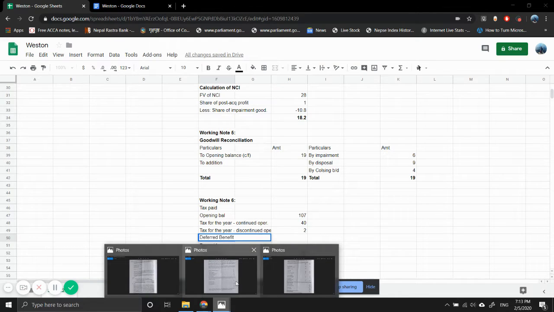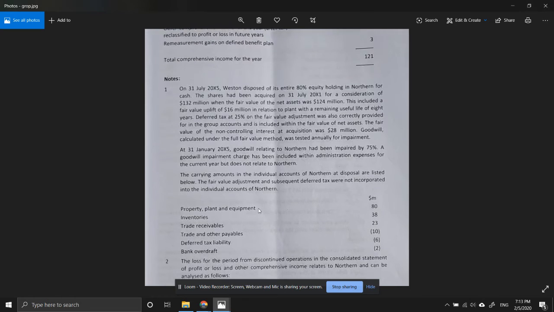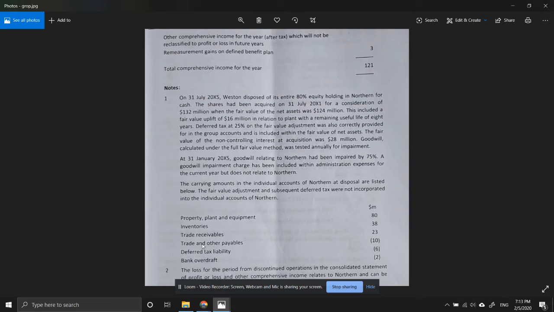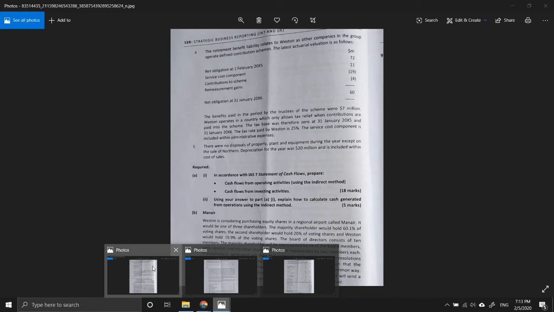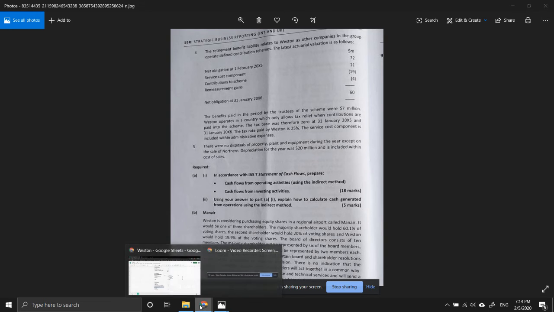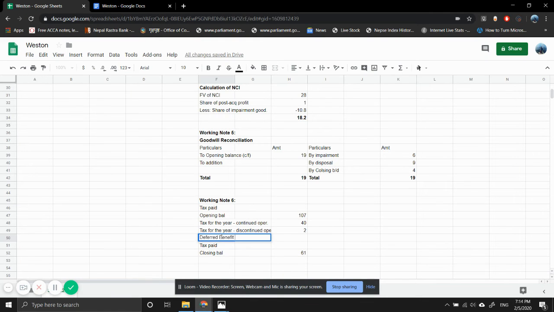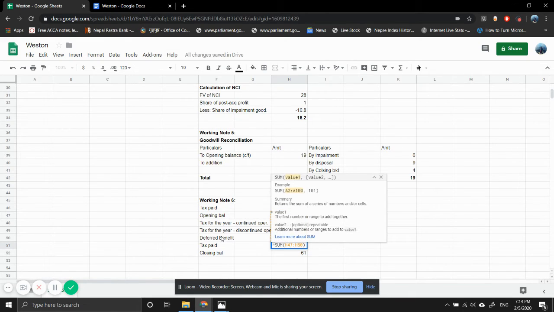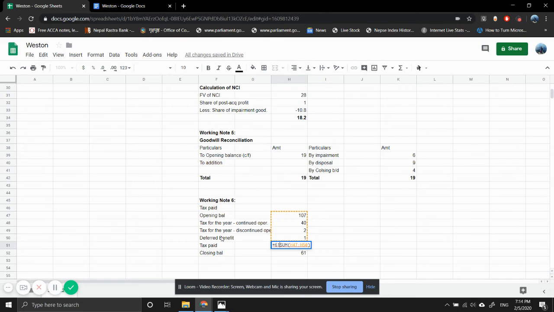There is an OCI item, which will basically be 3, whereas in reconciliation it is 4, right? So 4 minus 3. So sum of everything, 150, right? So it will basically be 61 minus sum of everything, minus 89.